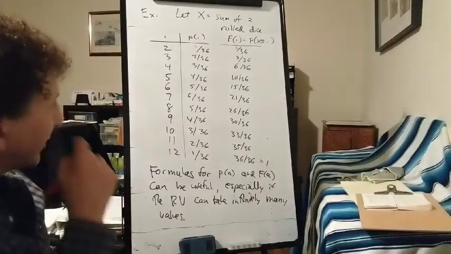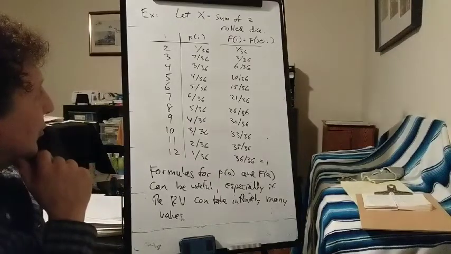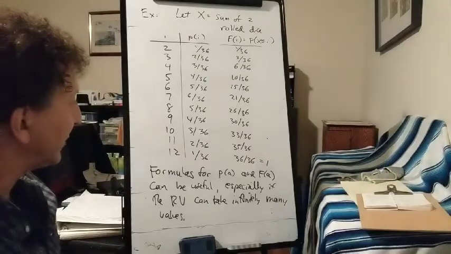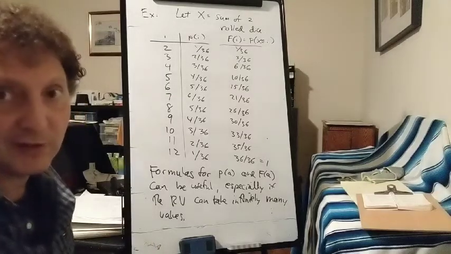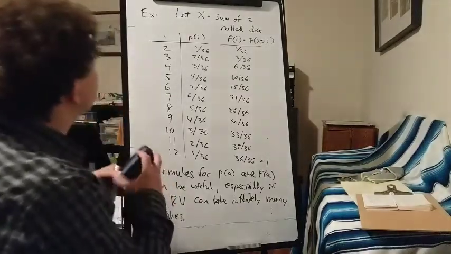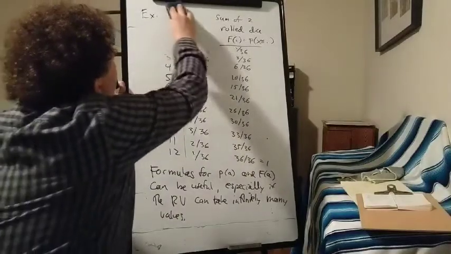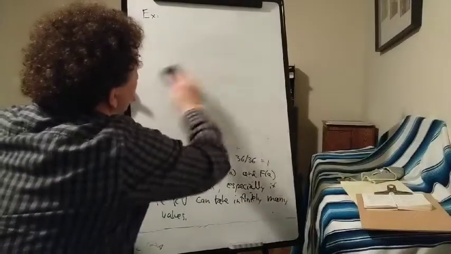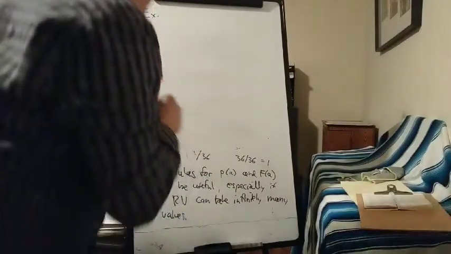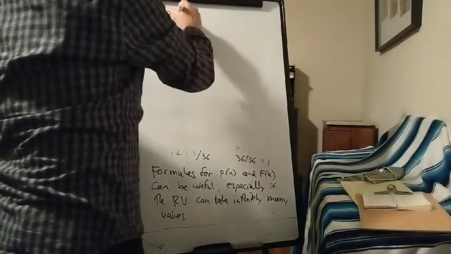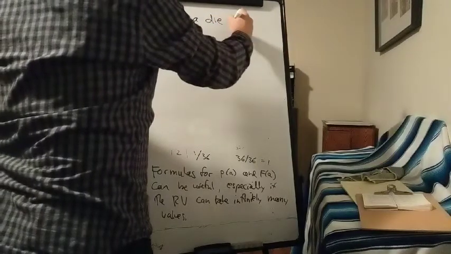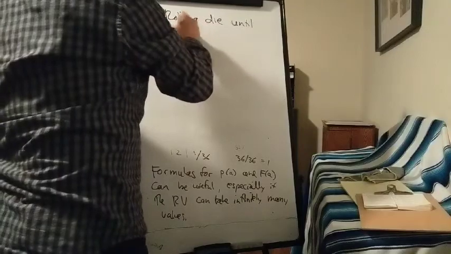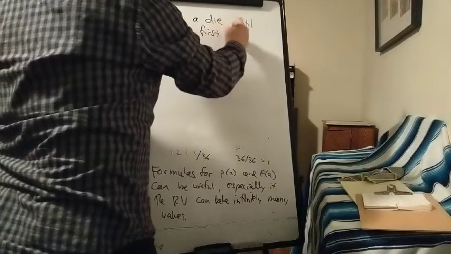So let's go back to the problem where we roll a die until we get a 6, because there's infinitely many possibilities for how many rolls it could take to get that first 6. So we're going to roll a die until getting the first 6.